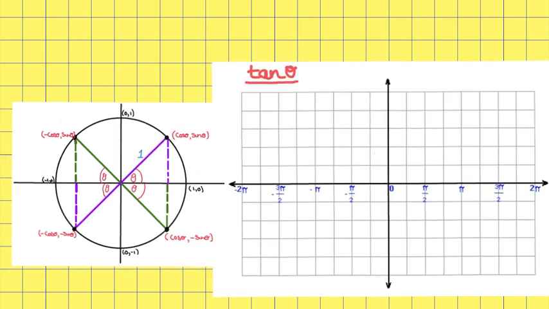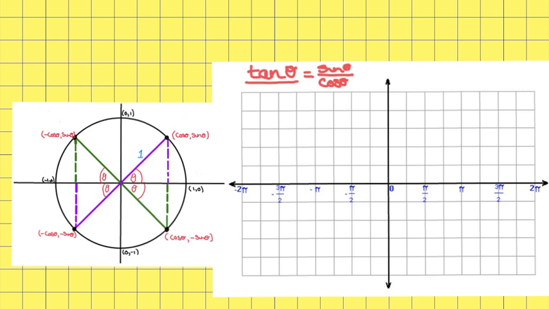The third graph we're going to draw is tan theta, and remember that tan theta is sine theta divided by cos theta. That means at 90 degrees and 270 degrees, we have an asymptote because at that value, cos theta is 0, and if you divide by 0, it is undefined.